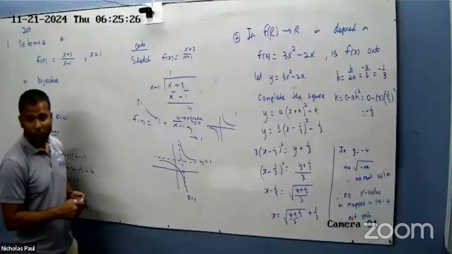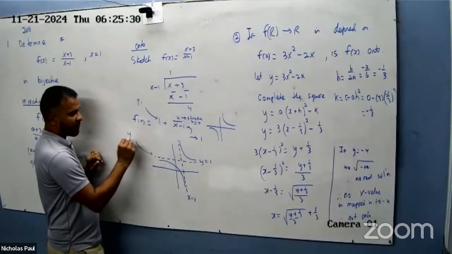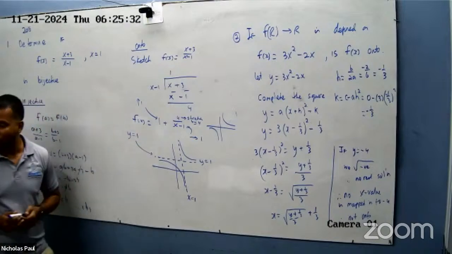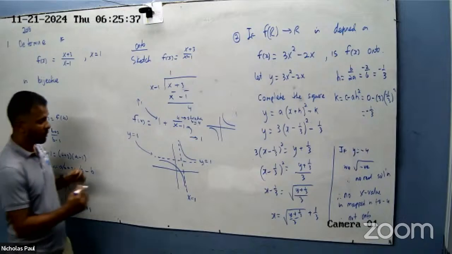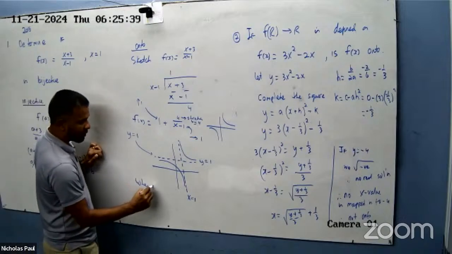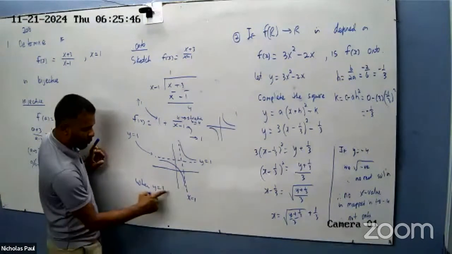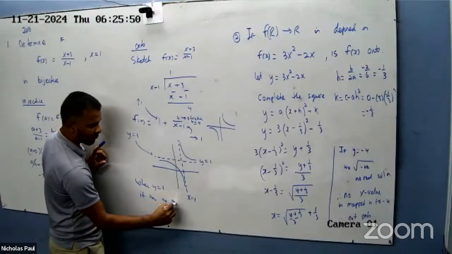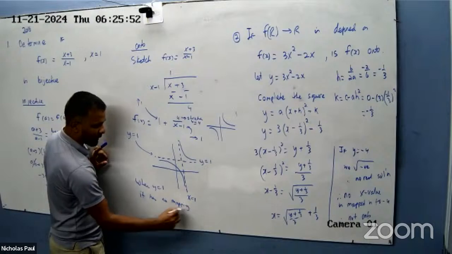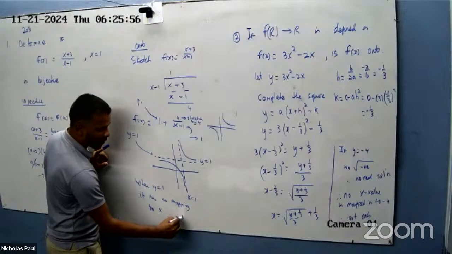But watch this particular line here. If I draw the line y is equal to 1, is there any corresponding x value? No, right? So when y is 1, it has no mapping to x, therefore not onto.